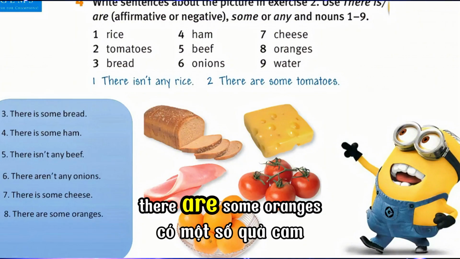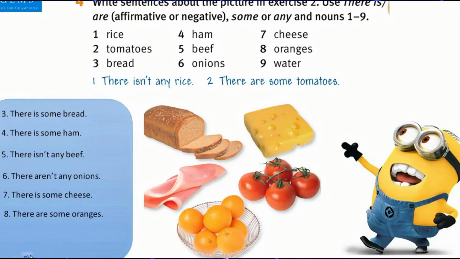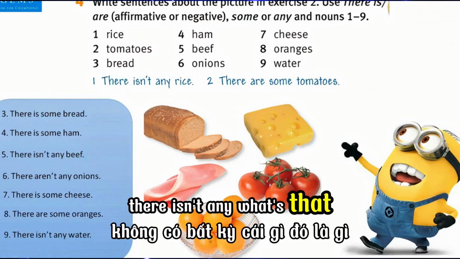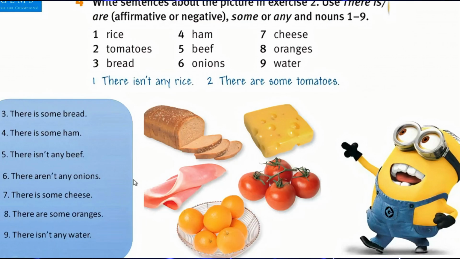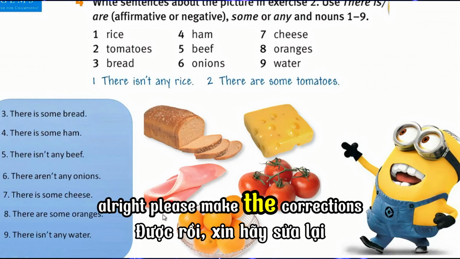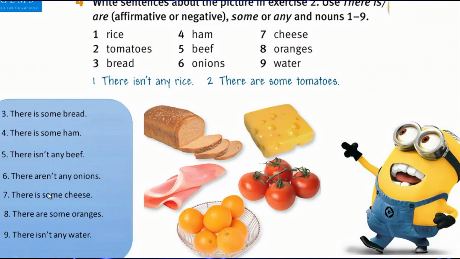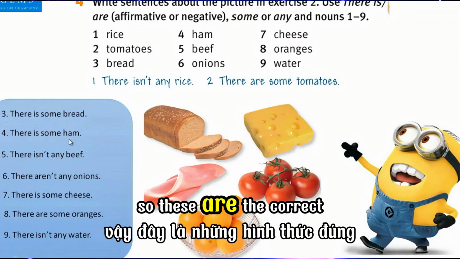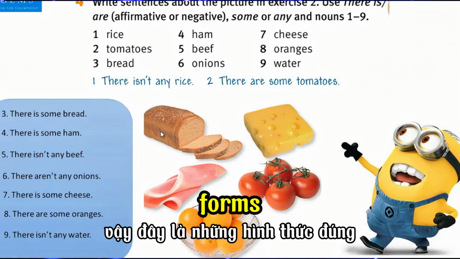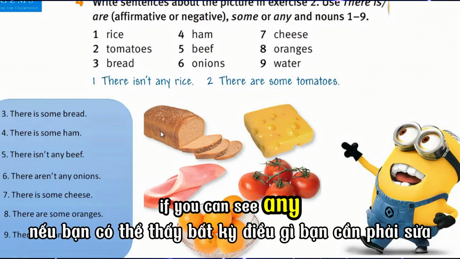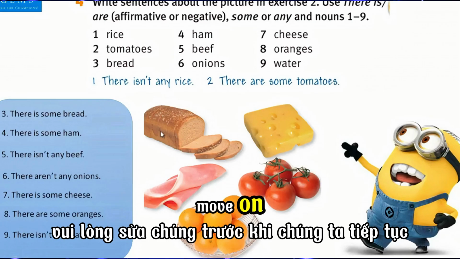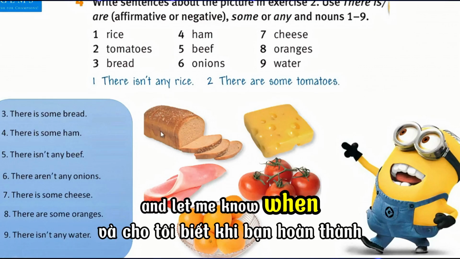There are some oranges. There isn't any, what's that, water. Alright, please make the corrections to what is needed in your work. So these are the correct forms. If you can see any that you need to correct, please correct them before we move on. And let me know when you are done.